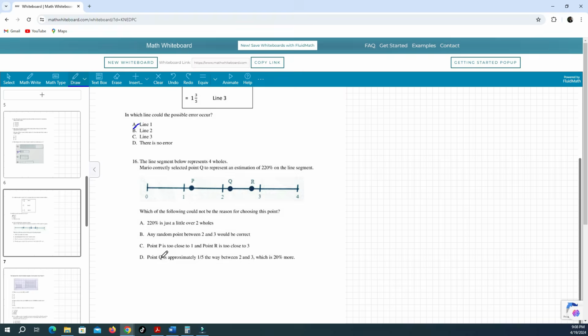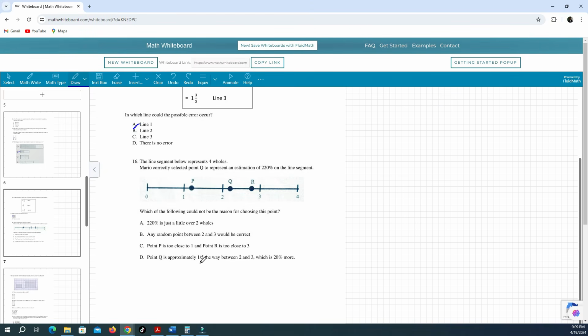I don't think so. Point P is too close to 1, and point R is too close to 3. I don't think so.